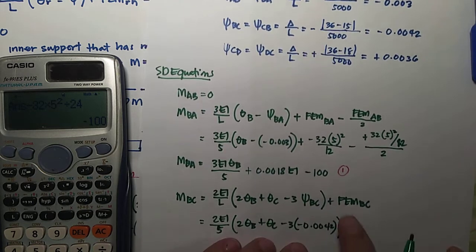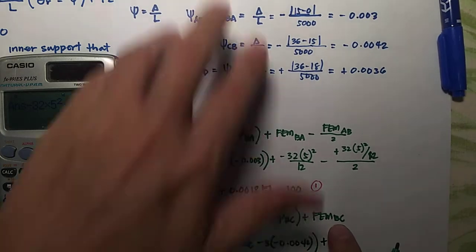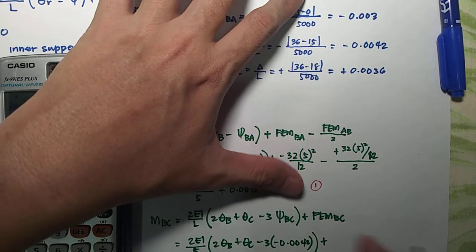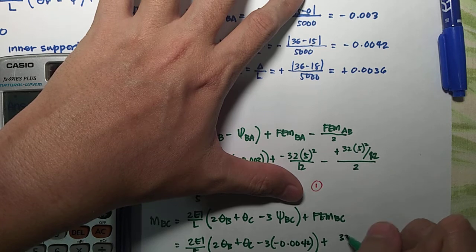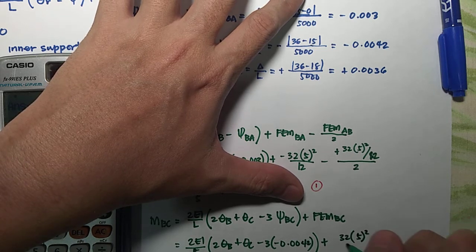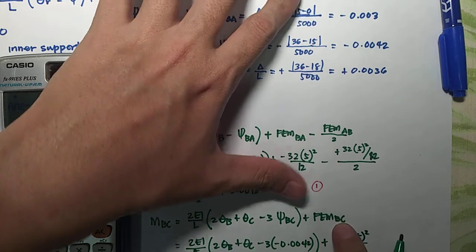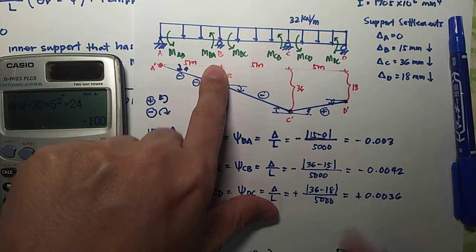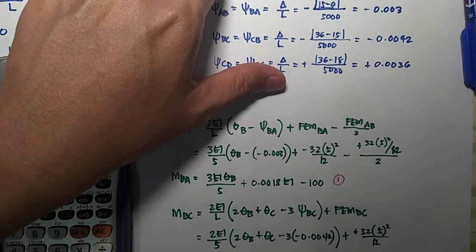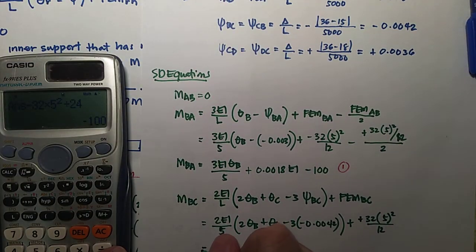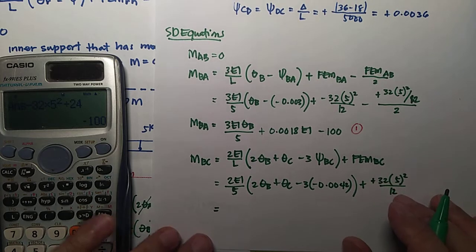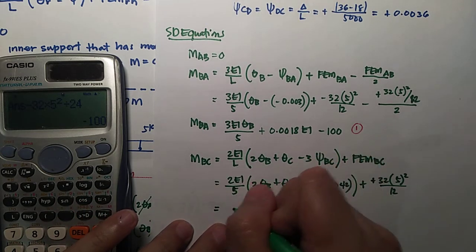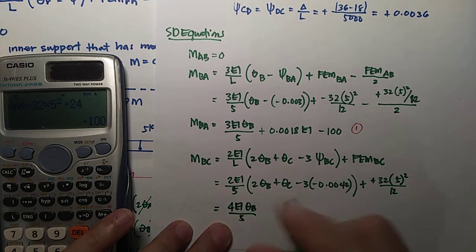Yan. Plus, what is the FEM for BC? FEM sa BC, uniform load, diba? So, WL square over 12. W is 32. L is 5 over 12. Okay, yung BC, ito yung BC sa kaliwa. So, sa kaliwa is counterclockwise, diba? Ang fixed end moment. Okay? So, that's positive. So, yan ngayon yung equation natin for MBC. Simplify lang natin. This would be 4EI theta B over 5, 2 times 2.